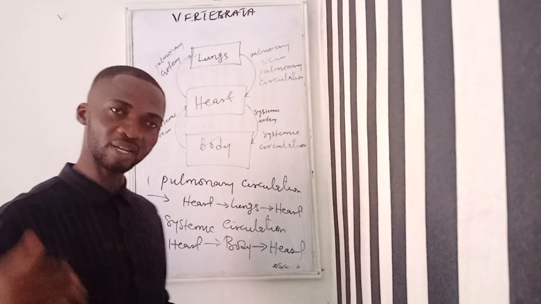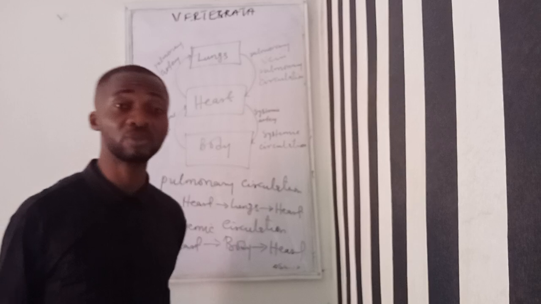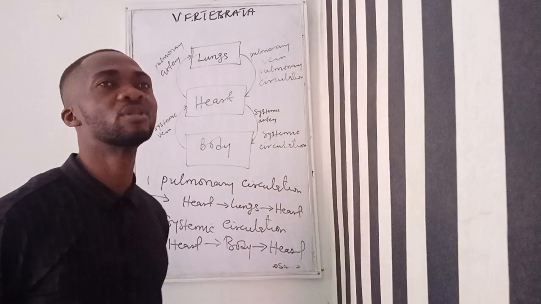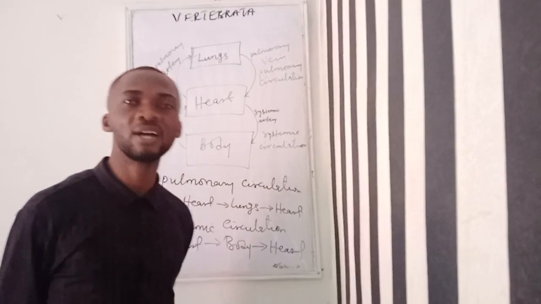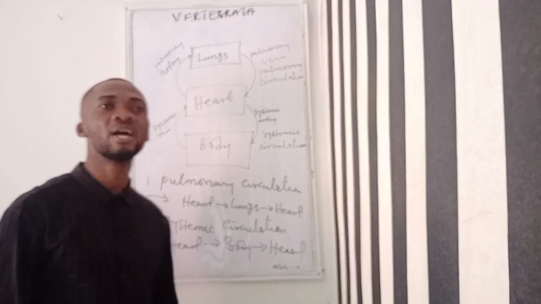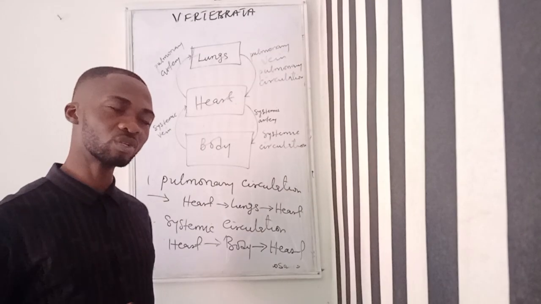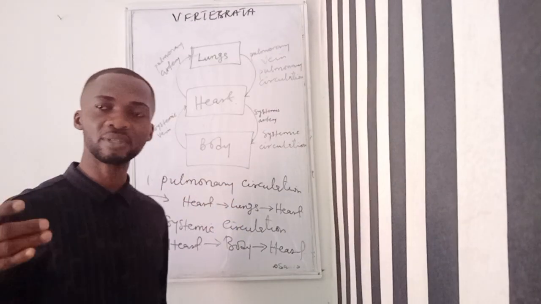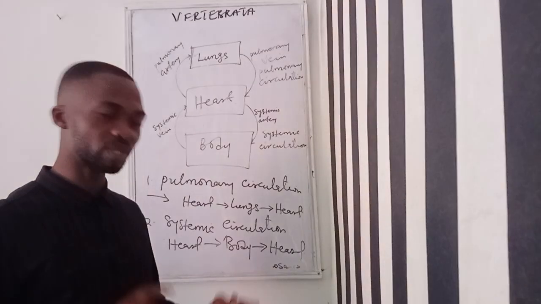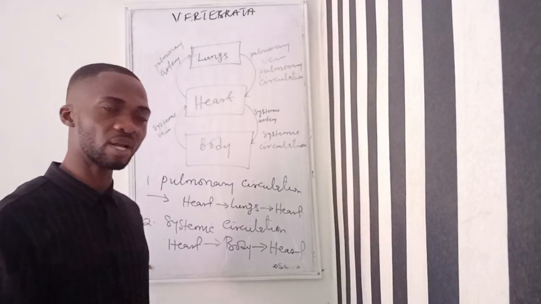Then that secondary oocyte goes into the second stage of meiosis, which is meiosis 2, and it gets arrested again at metaphase 2. Meiosis 2 is only completed when fertilization is about to take place, when the sperm breaks through the zona pellucida.